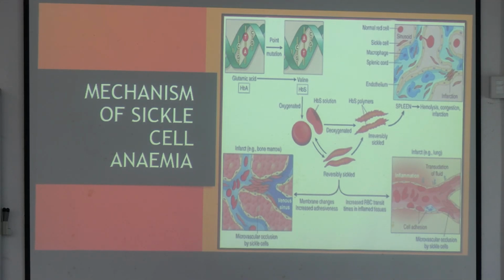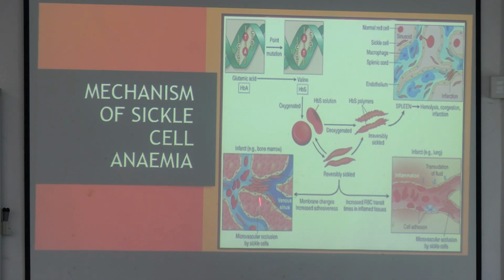But if the reversibly sickled RBCs, with prolonged deoxygenation, start to polymerize, then HbS polymer will be formed and that is called irreversible sickling. Irreversible sickling means there is no return to the original shape and size even when the noxious stimuli have been withdrawn. So, reversible sickling and irreversible sickling.